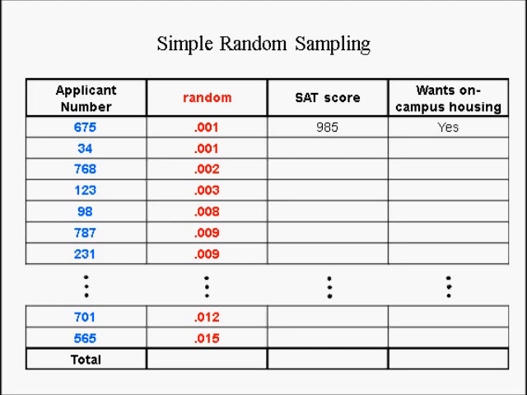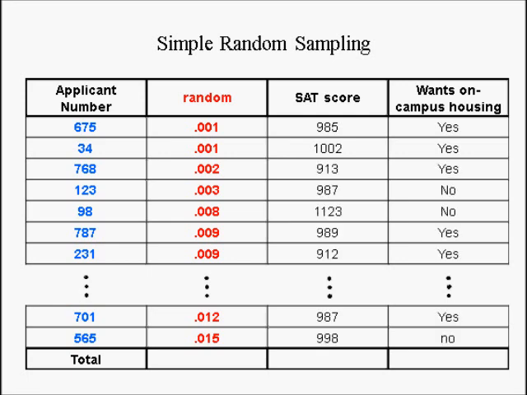The office assistant pulls the next file, the 34th applicant file, from the box containing the 900 application files. Inside the 34th file, the office assistant finds out that the 34th applicant got a 1002 on the SAT and desires on-campus housing. The office assistant fills in the next 28 SAT scores and housing requests in the same way.